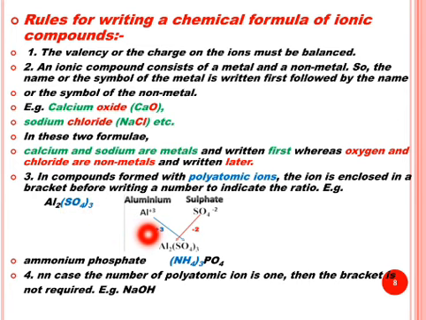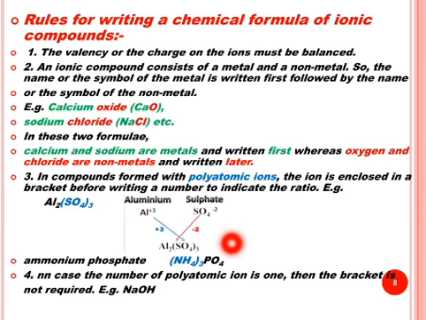The 3 comes from aluminium and goes to sulfate. This 3 is meant for both sulfur and oxygen, that is why it is written in a bracket, and the formula comes out to be Al2(SO4)3. How do we pronounce it? Al2(SO4)3.